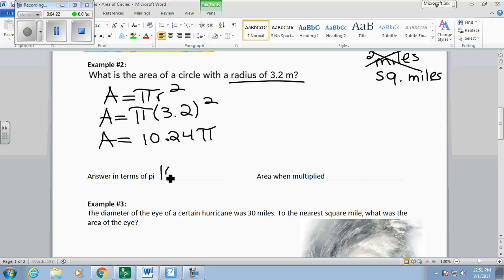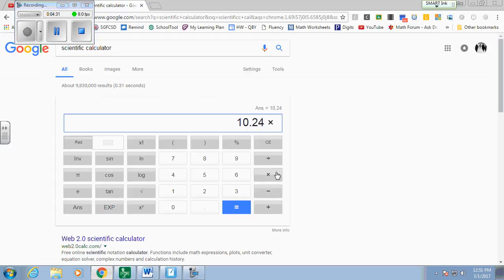So we can go ahead and write that down on the line. And then what's the area when you multiply? Well, now they're asking you to take the 10 24 hundredths and multiply by pi, which will give us 32, and this question didn't ask us where to round, so I'm just going to go to the nearest tenth. Since I'm multiplying by pi, and pi is an irrational number, meaning it's a decimal that never ends, I'm obviously going to get a decimal that never ends as well.